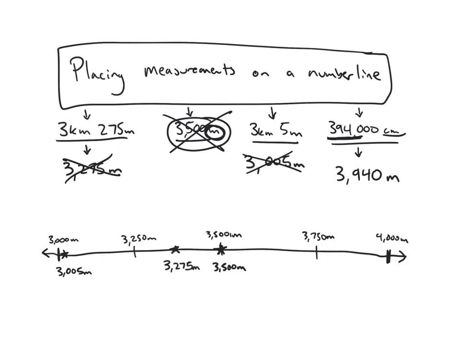And I just looked at the thousands place and the hundreds place of this number to get my answer in meters. So now that I have it represented in meters, I can plot it on my number line. And it's going to be pretty close here to the top of my number line, 3,940 meters. And I can cross that one out because I just plotted it.